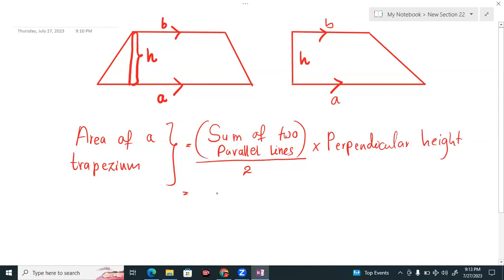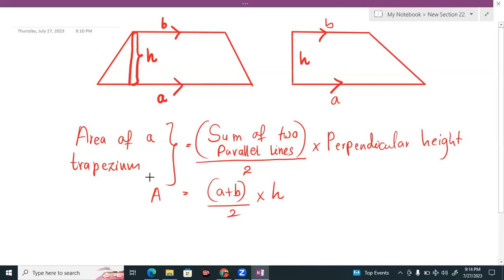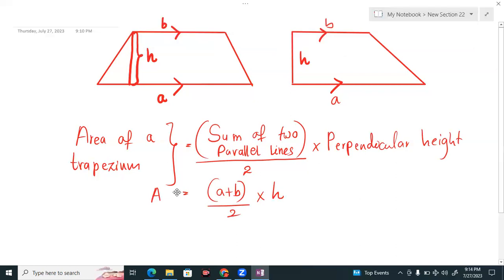Then the sum of two parallel lines is A plus B, upon 2, times H. Okay, this is the formula that we use to find the area of a trapezium. If you want, you can write this down.